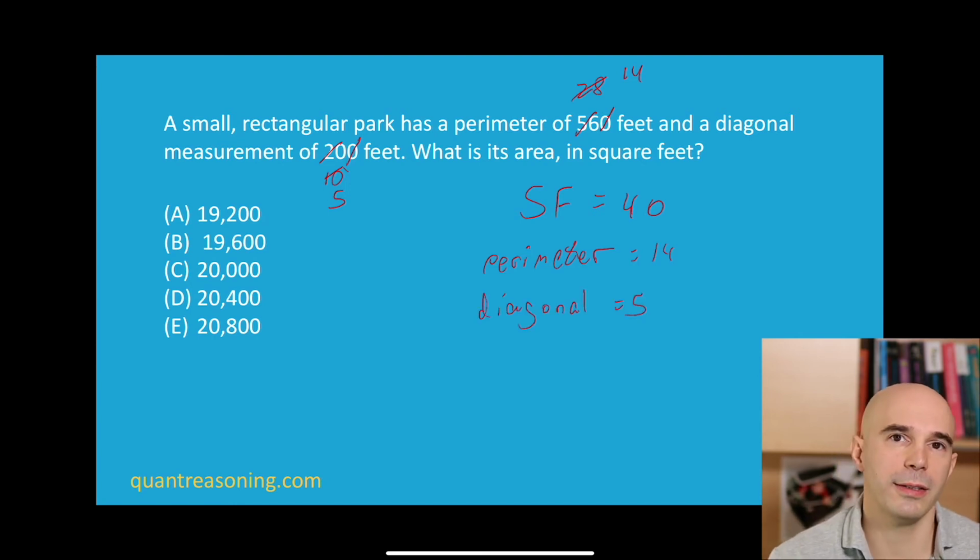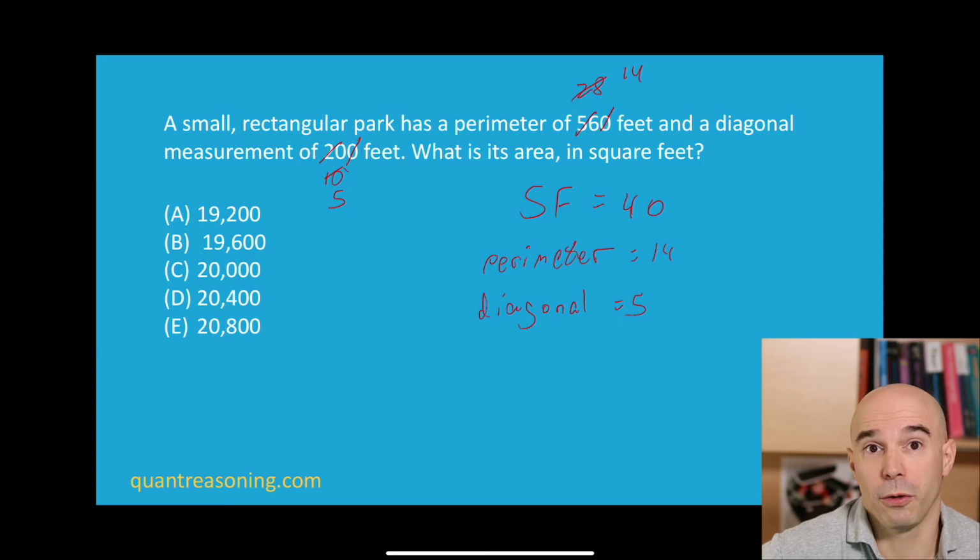Now if you've memorized your Pythagorean triples, the easiest one to remember and the most commonly tested one is 3, 4, 5. And the reason I thought of that is because I have a diagonal of 5. So it just so happens that the diagonal of this rectangle matches one of the hypotenuse measurements in the Pythagorean triples that we're supposed to memorize, specifically 3, 4, 5.